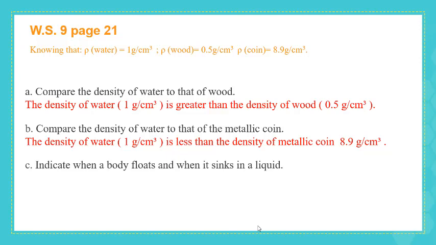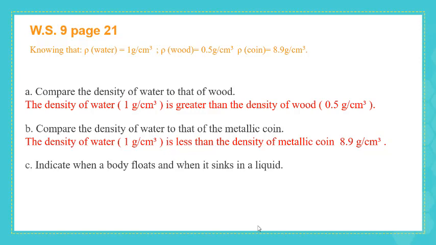In the experiment that is done, the piece of wood floats on the surface of the water. And from part A, we said that the density of wood, that is 0.5 gram per centimeter cube, is less than the density of water. Then we can notice that a body floats when its density is less than the density of the given liquid, while a metallic coin sinks in the water.